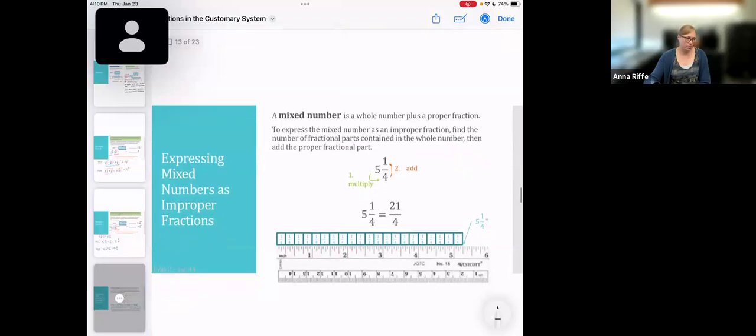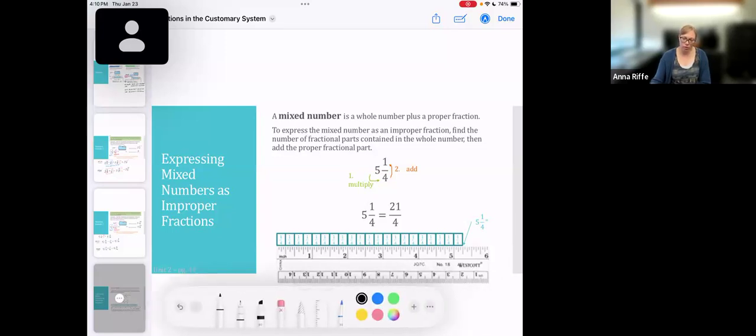Let's talk about mixed numbers. As a definition, a mixed number is a whole number plus a proper fraction. So a whole number, the example you're given below is 5. A proper fraction is a fraction where the numerator is smaller than the denominator.